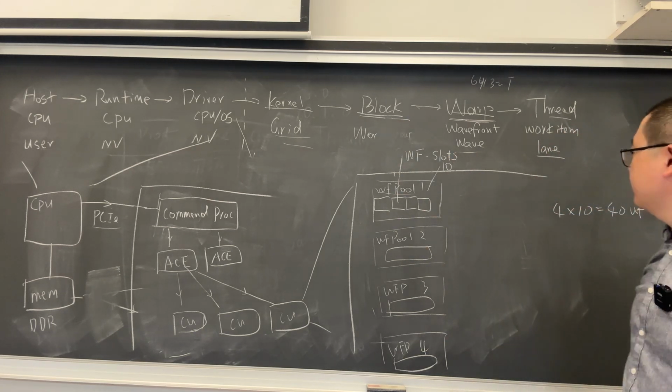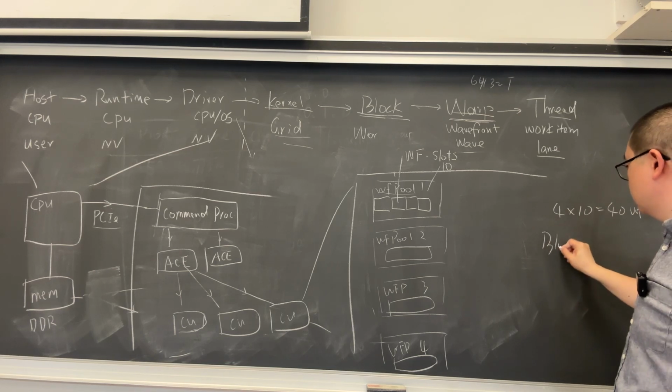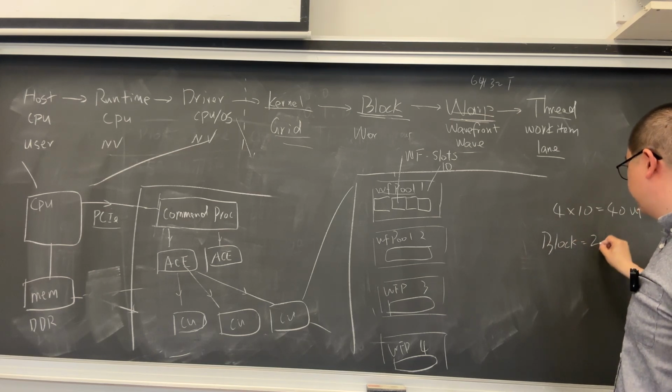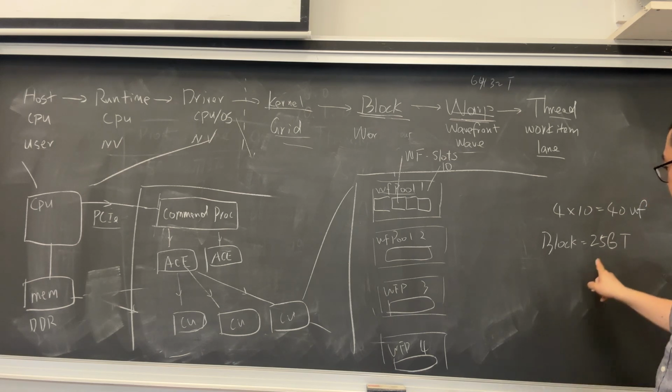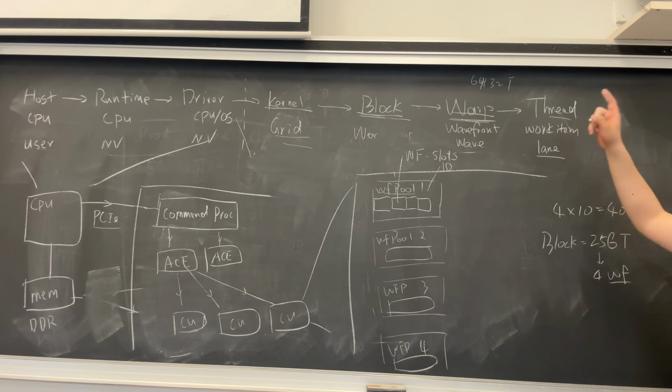Let's say a typical block equals 256 threads. 256 threads in AMD terminology is 4 wavefronts, because each wavefront is 64 threads in GCN or CDNA architecture. In NVIDIA and in RDNA, it's 32.